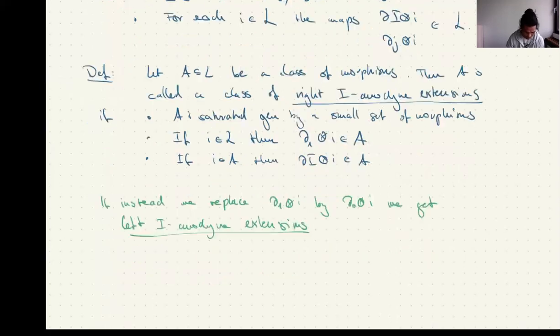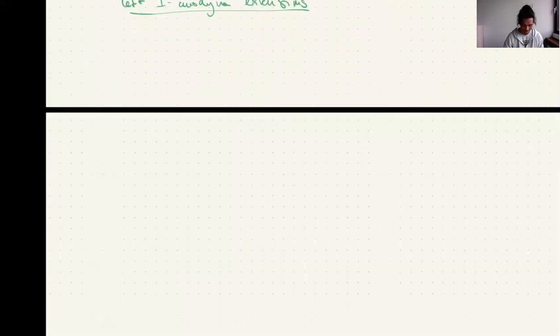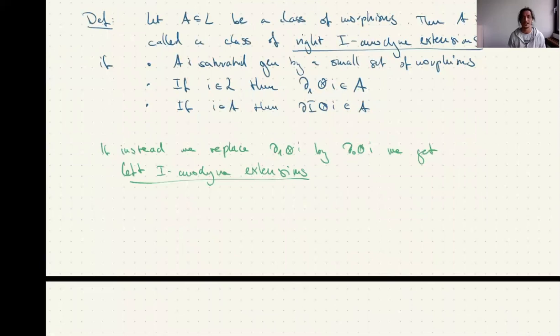And okay, I realize this seems to be a very definition heavy talk. Another definition is, so first of all, observe, given a small set of morphisms, say S in the left class, then you can generate out of it a class of right or left anodyne extensions just by closing up under the operations of the push-out product and then taking the saturated class generated by it.